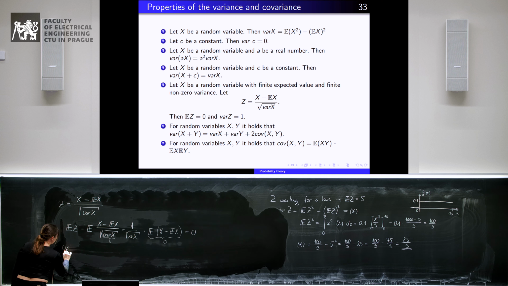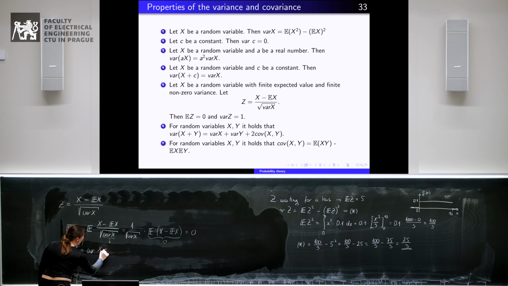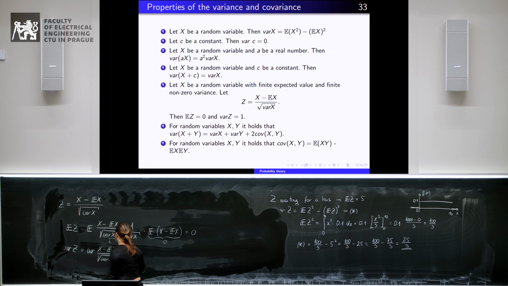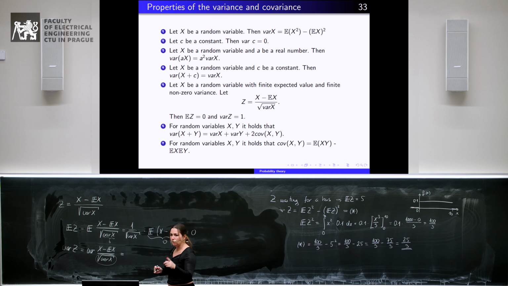And the variance of z is the variance of (x minus EX) over the square root of the variance of x. Again, this is a constant, so it can stand in front of the whole variance, but squared, from property 3.